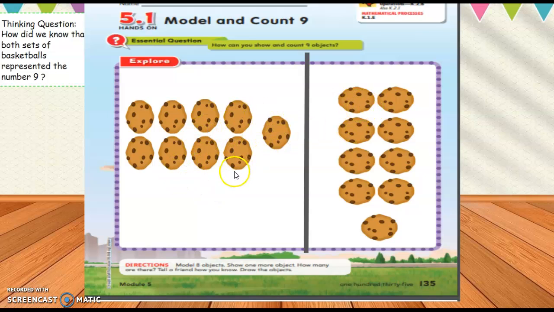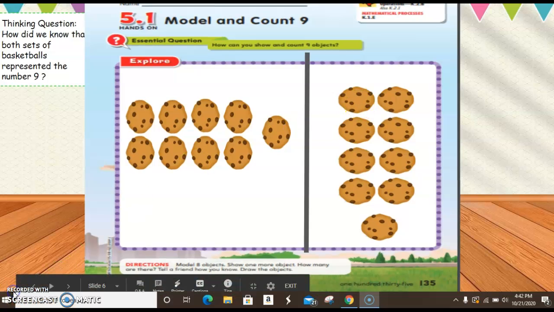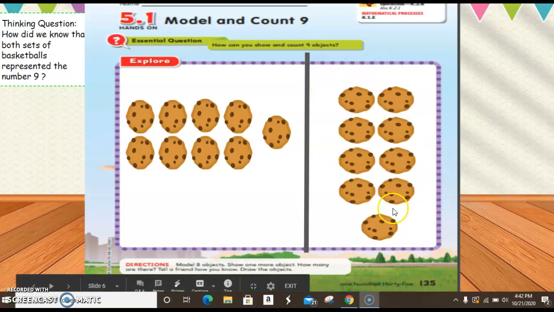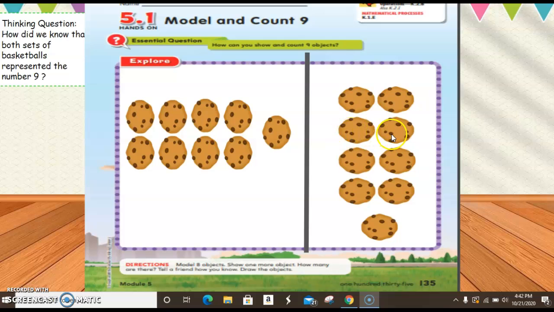So let's count how many cookies we have here. So we know, like we said, this is 9, right? And then we're thinking, is this going to change since it's arranged differently? Let's see. 1, 2, 3, 4, 5, 6, 7, 8, 9.